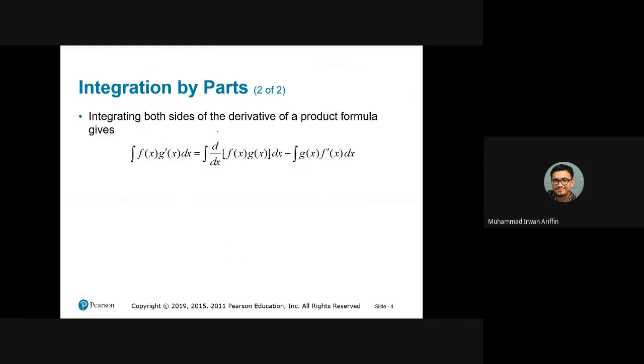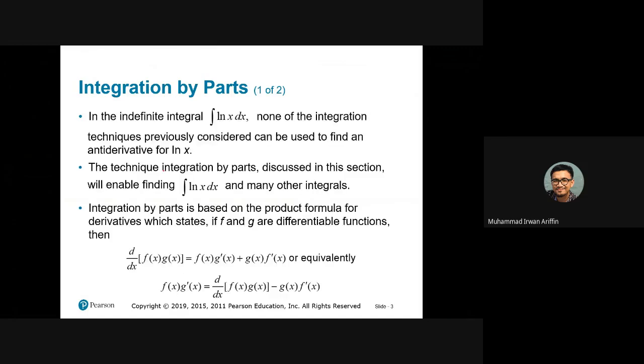Now, integrating both sides of the derivative of a product formula. This is the product of the two functions f and g, so we can rearrange. We leave this term here and bring the other term to this side.